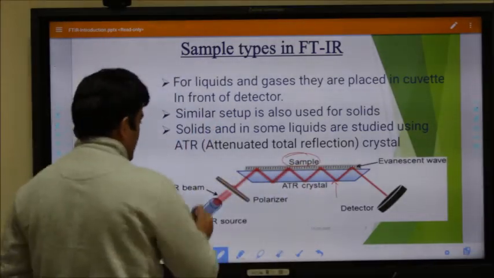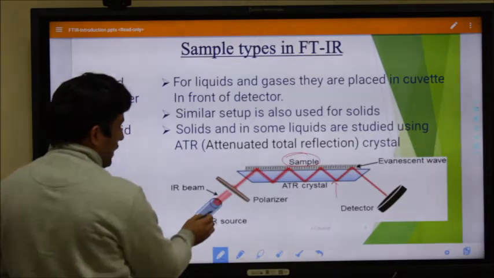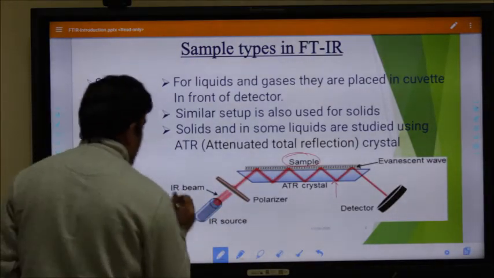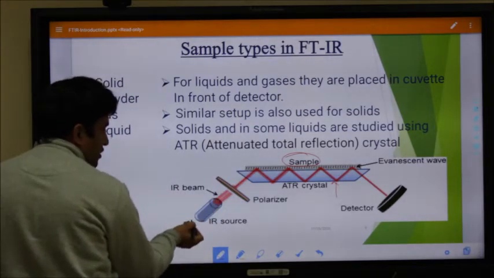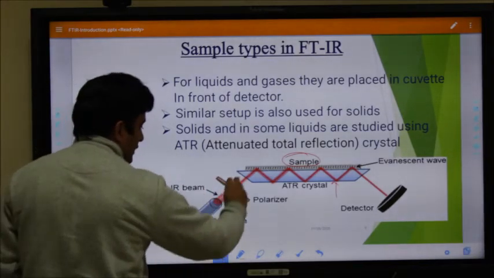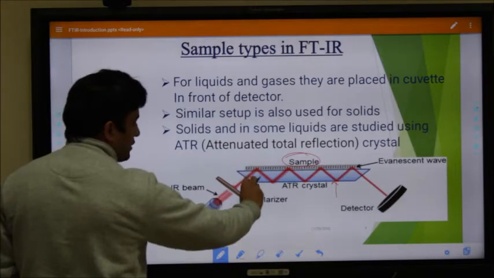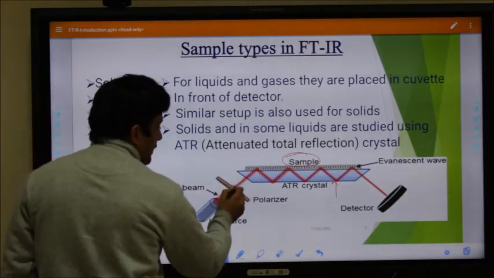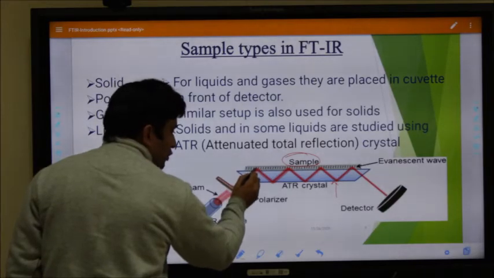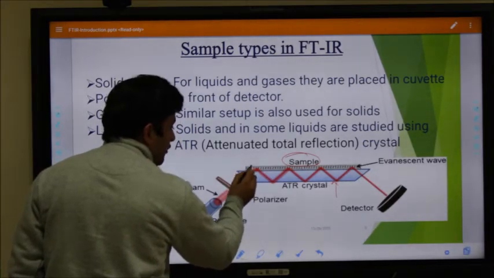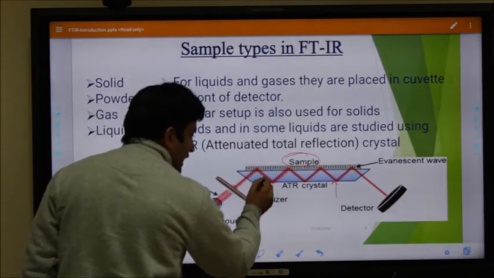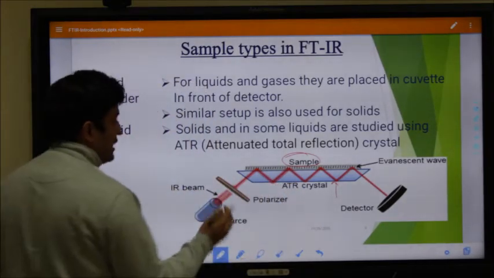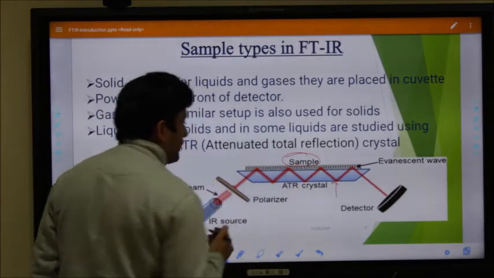Light from the infrared radiation source passes to the crystal, and you can see the light penetrates the sample to an extent, and then it is reflected back to the crystal. Again it is reflected to the sample, it penetrates to an extent, and then gets reflected again.